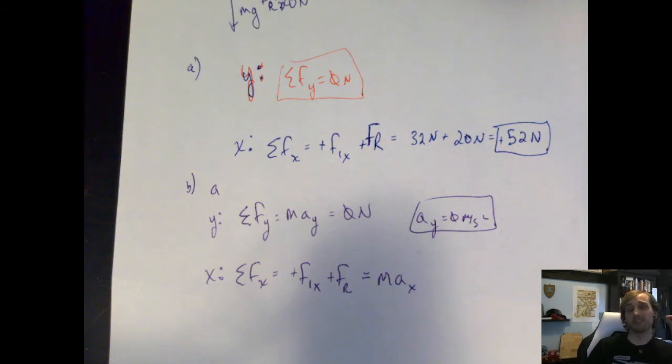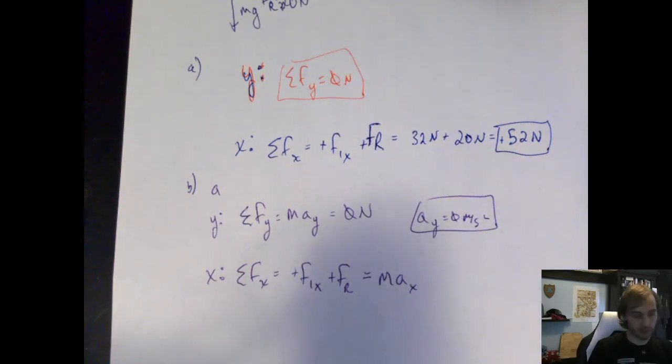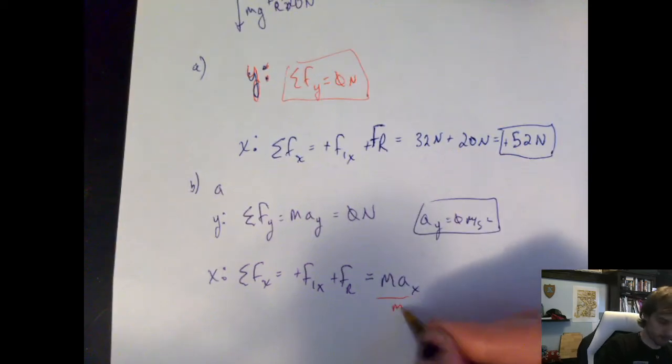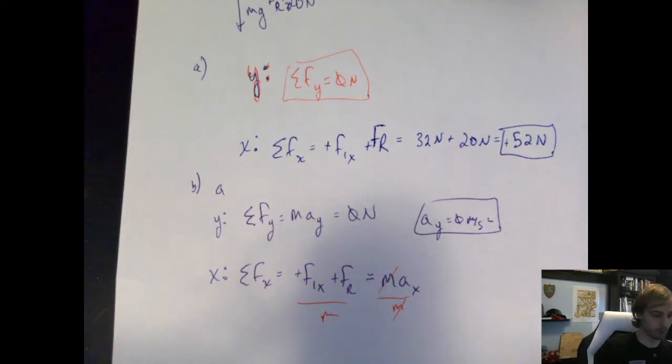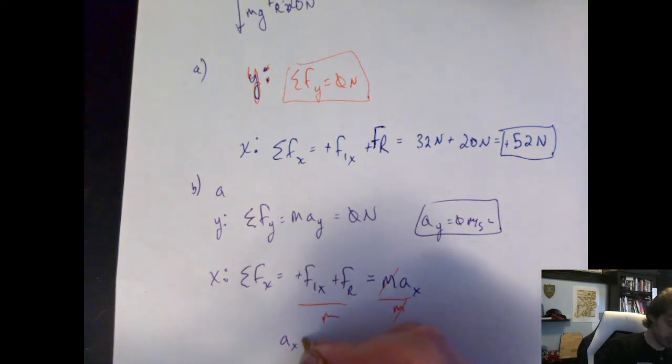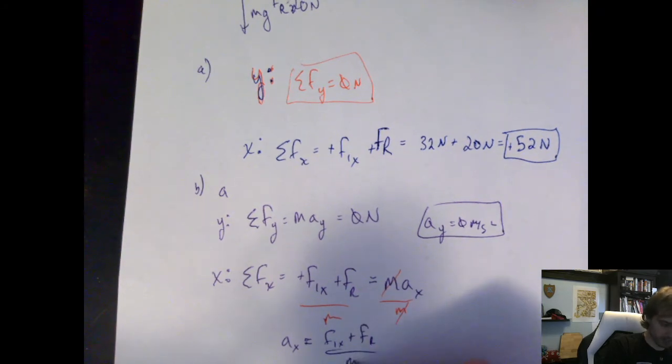This is what you're going to do for basically every problem. Set up an equation, list out all your forces, have the ones in the x direction add up to ma, have the ones in the y direction add up to ma. Every time. So we have to do a little bit of math to solve for the acceleration. Divide each side by the mass, and we're done. So our acceleration in the x direction is equal to F1x plus Fr over m.